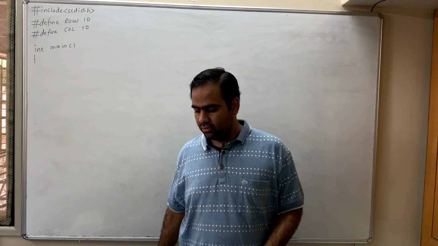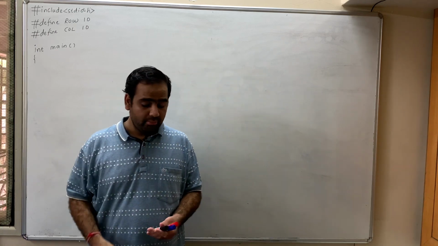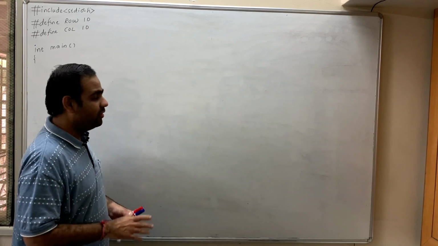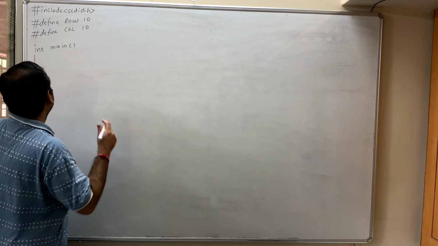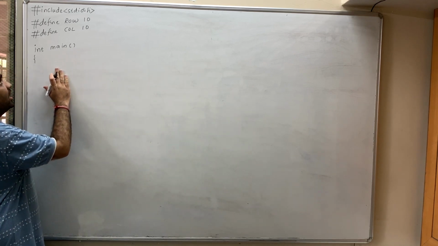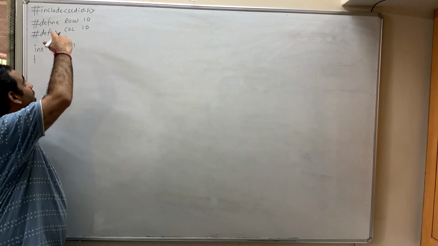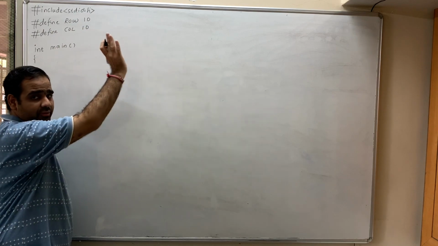Let us see how we write the code for the matrix multiplication. Very important question. In int main, I have defined row 10 and column 10. You have to write the appropriate prototypes for whatever functions I am going to use.